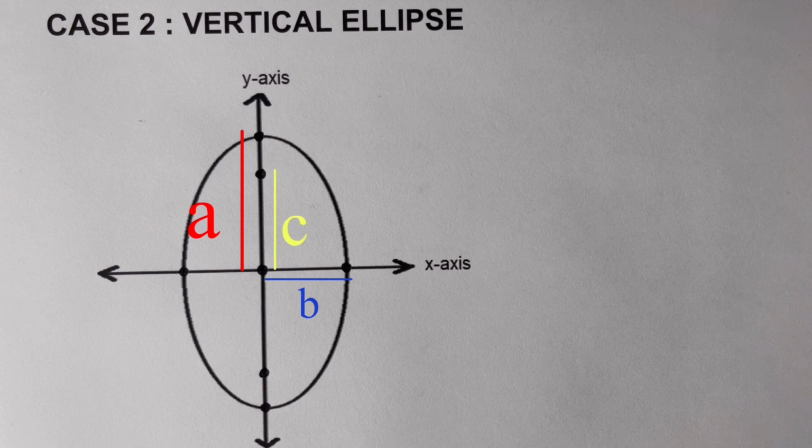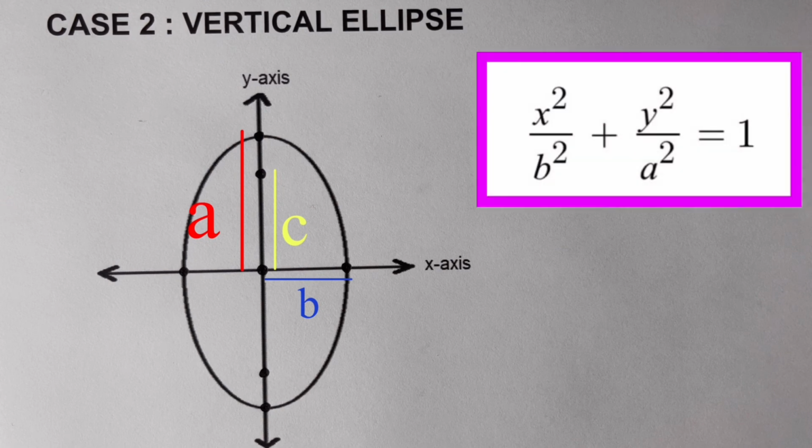Now, using these lengths A and B, we can therefore say that our equation for a vertical ellipse is x squared over b squared plus y squared over a squared is equal to 1. Now, notice that our a squared is under the y squared.